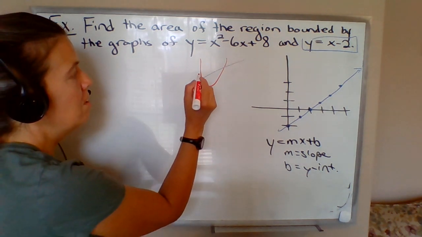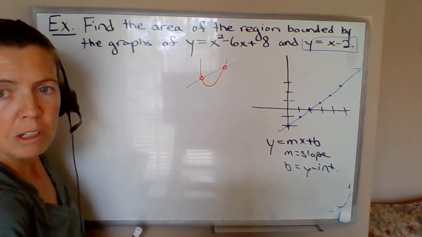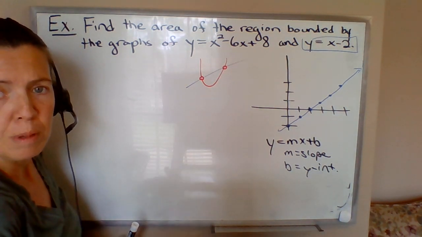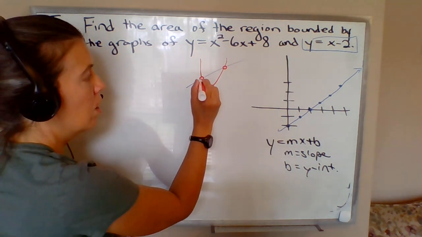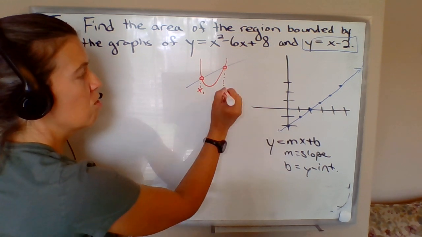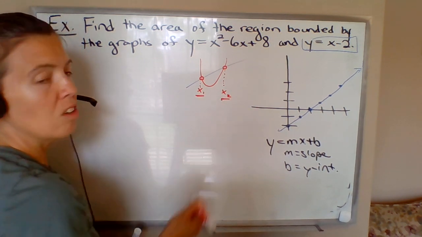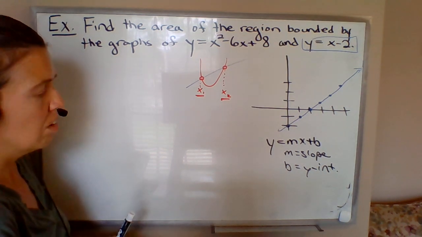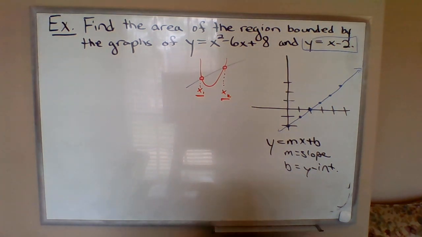So one thing we're going to need to know is where these graphs intersect, because that's going to correspond to our limits of integration when we set up a definite integral that gives the area of this region. We're integrating from one particular x value, let me say x1 to x2. That's going to depend on where those graphs intersect. That's going to tell us where we want to start and stop the integration here.